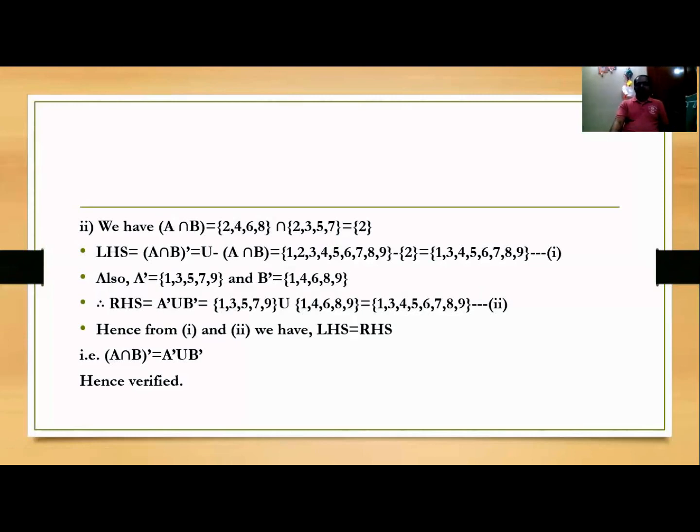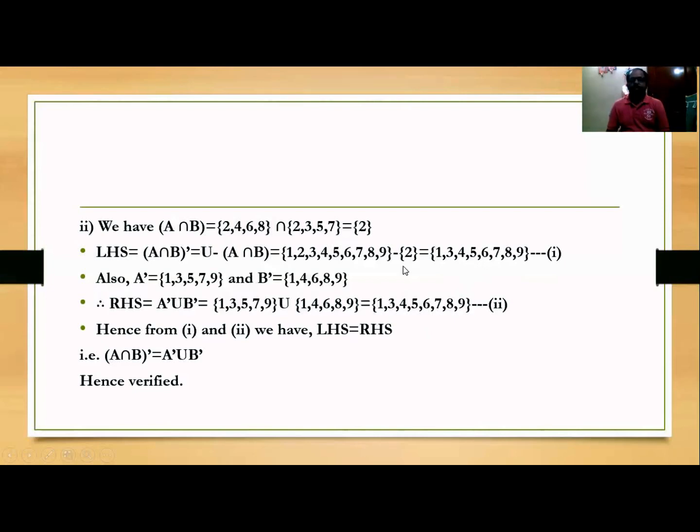So just observe LHS and RHS, are they equal? Yes, you can see the LHS is the set containing the numbers 1, 3, 4, 5, 6, 7, 8 and 9, whereas the RHS contains the elements 1, 3, 4, 5, 6, 7, 8 and 9. So they are exactly the same elements, right?